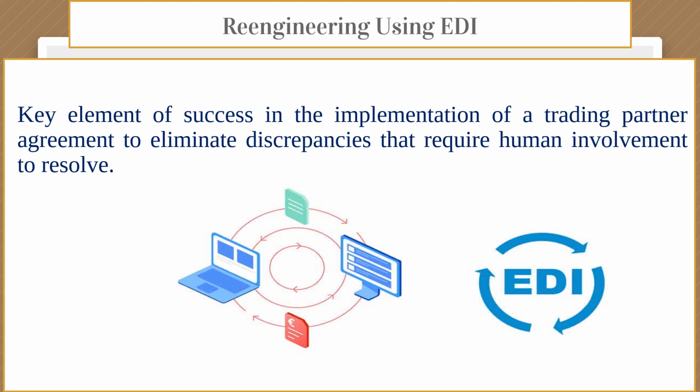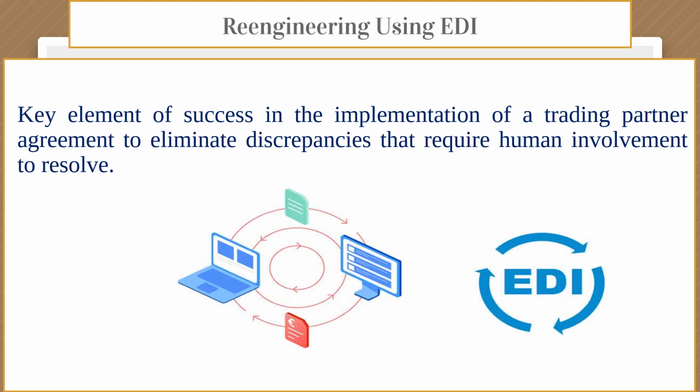In general, the EDI system is based on the relationship between the business partners, meaning the suppliers and the customers on one side. So how do we ensure that? By reducing the discrepancies or differences in terms of communication, and reducing the human involvement to resolve that relation.